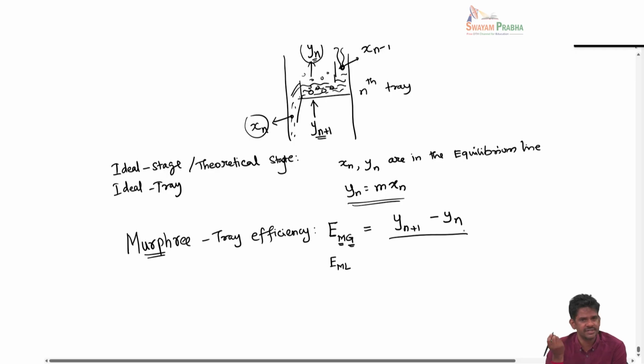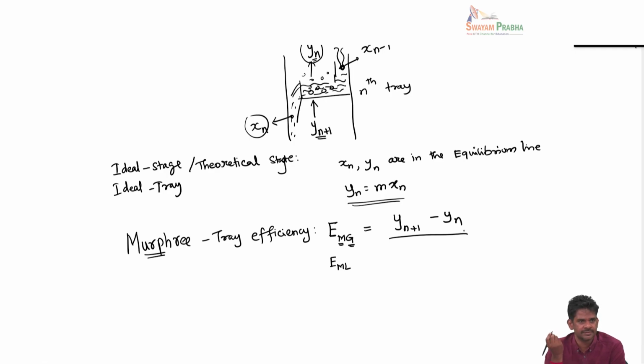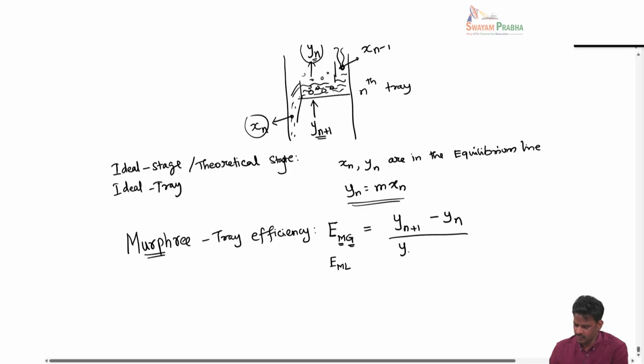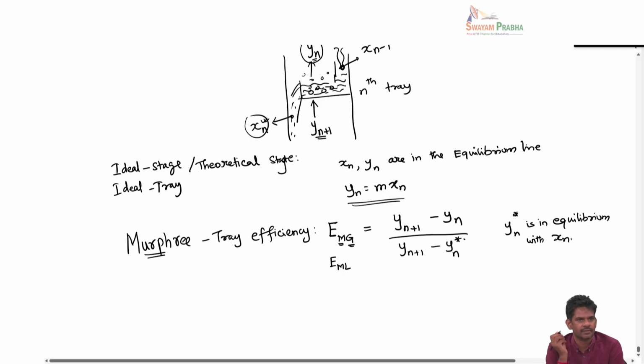What is the maximum change that is possible? That would be yn plus 1 minus yn star, and this yn star is the one that is in equilibrium with xn.